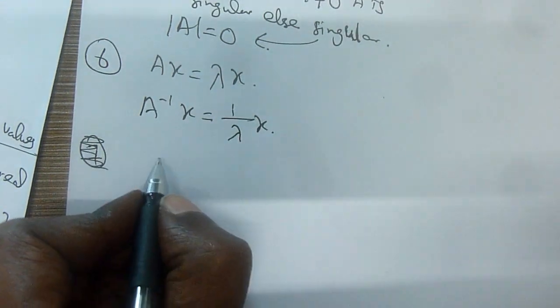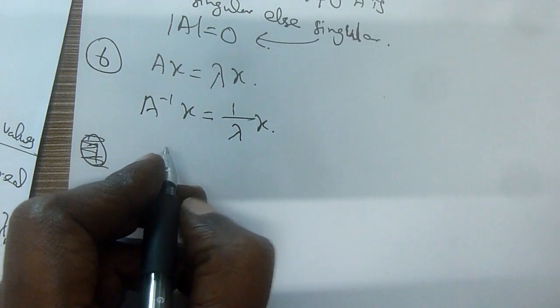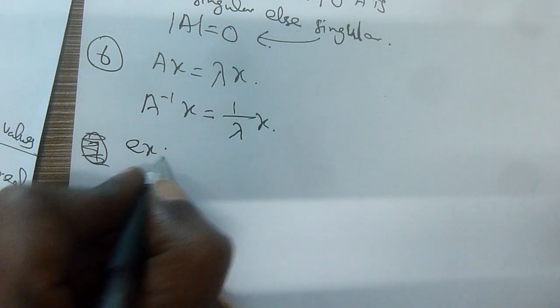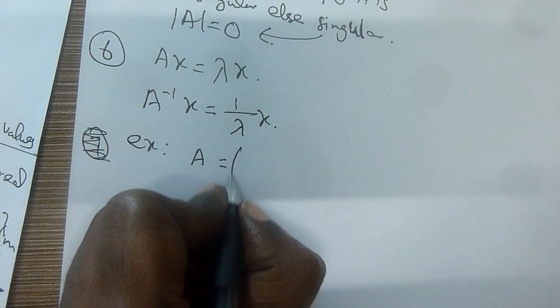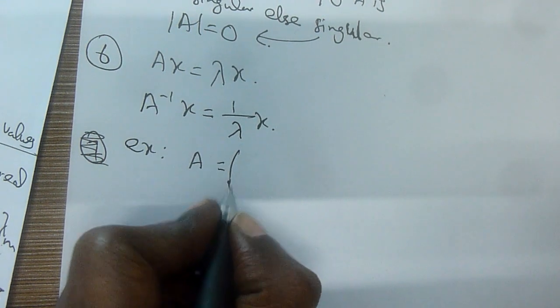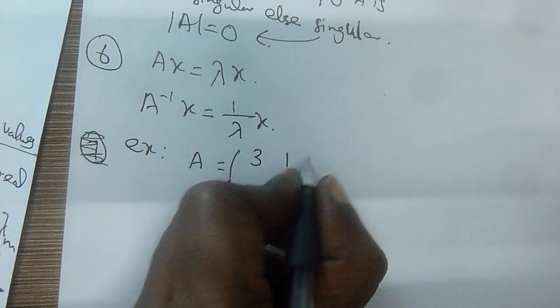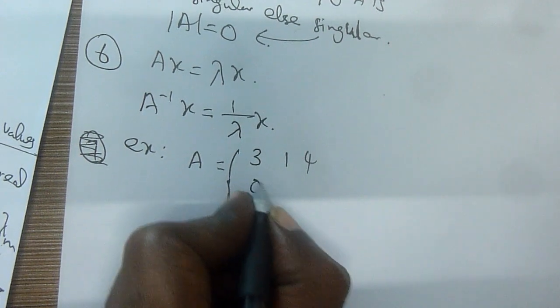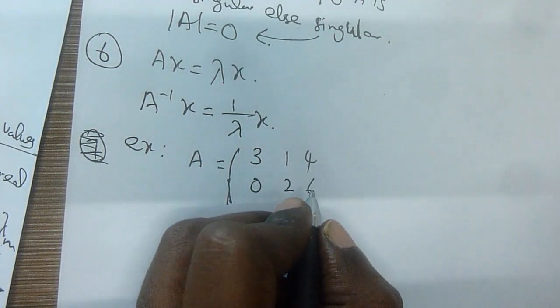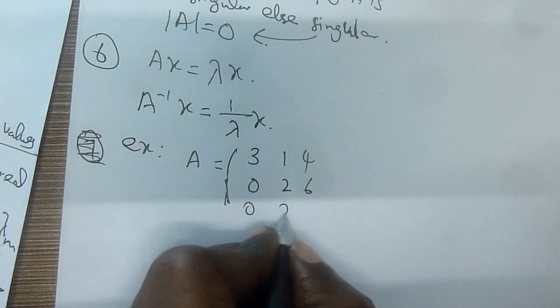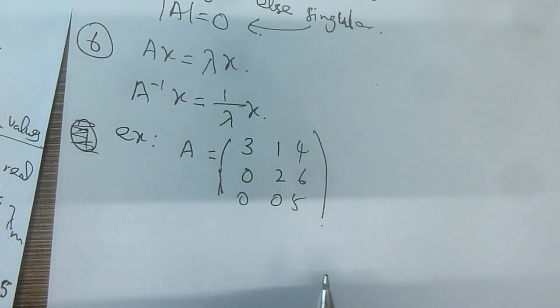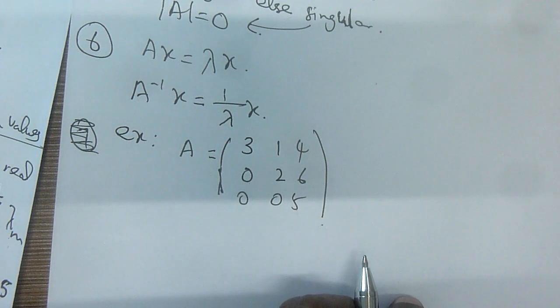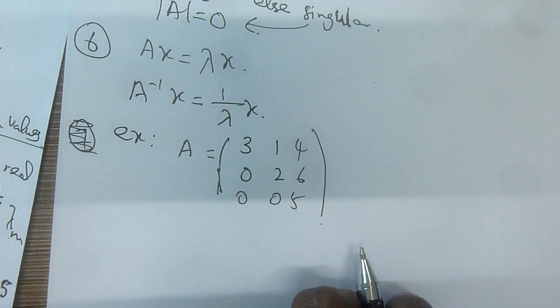I will give you one example first. Let us do a simple example. For example, A is given as a 3 by 3 matrix: 3, 1, 4. Most of the questions you will get 3, 0, 0, 5. You are required to find out the lambda value.